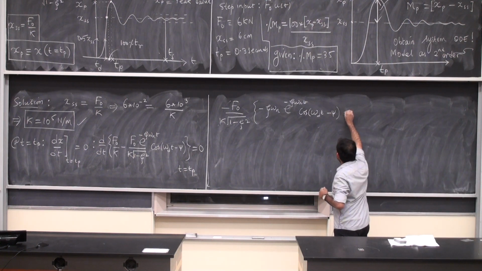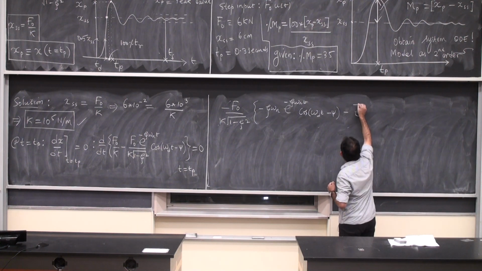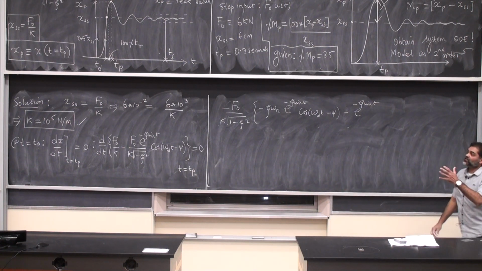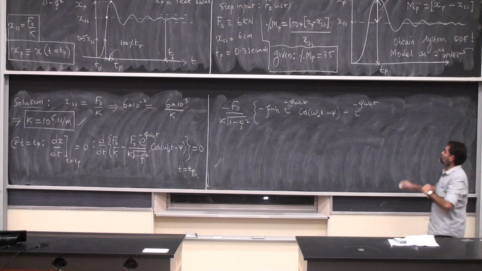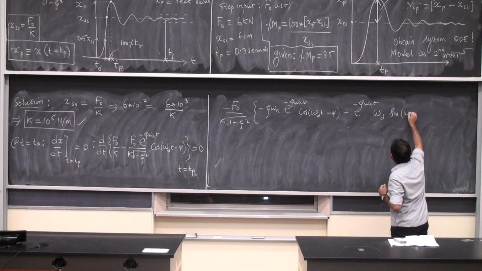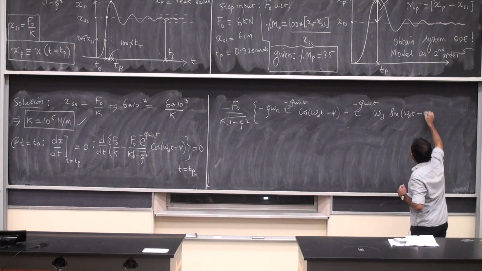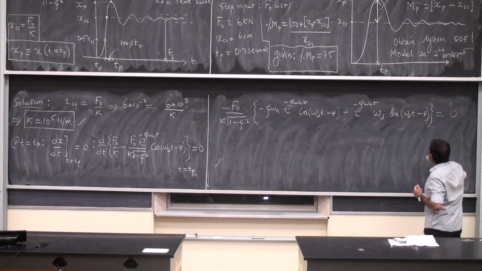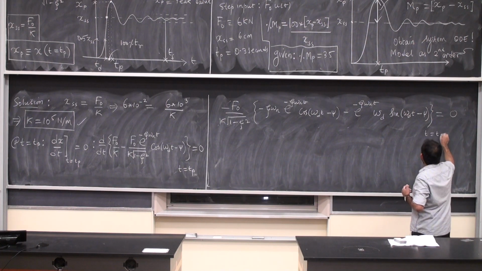Cosine differentiation is negative sine. And differentiation of the terms inside the bracket is omega d times t. So omega d comes out. This is equal to 0 at t peak.